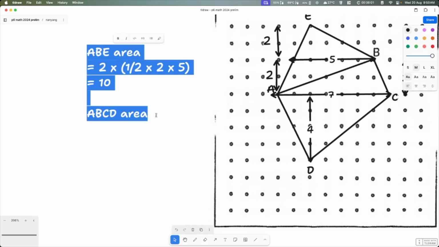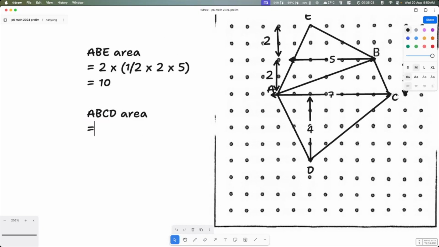In this case, we have half times 2 times 7 plus half times the base of 7 times the height of 4.